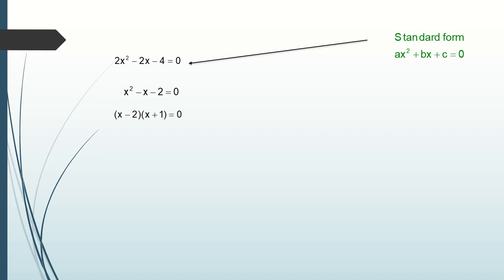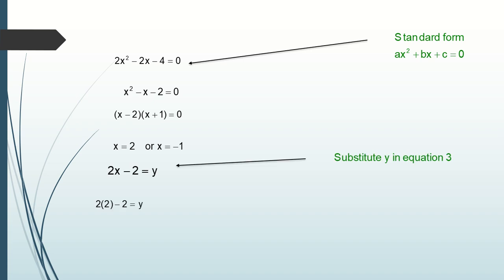You simplify your standard form. You factorize. You find the values of x. Once you have your values of x, which is x equals 2 or x equals minus 1, you substitute in equation 3. So you get your y values to be 2 and minus 4.